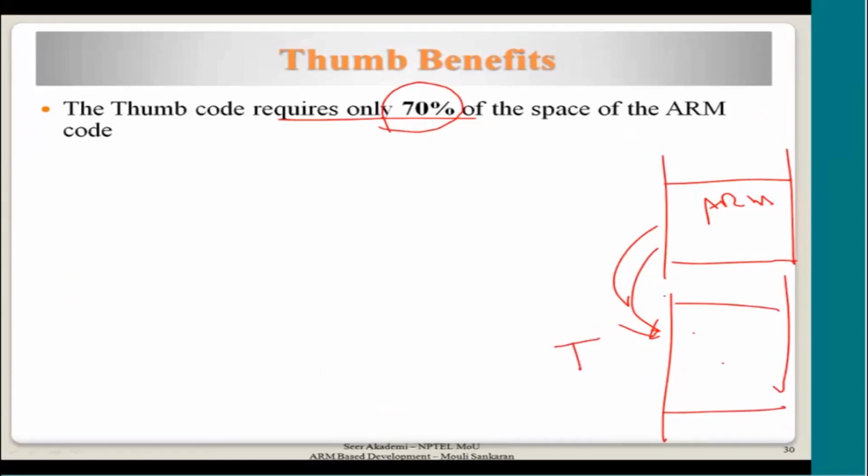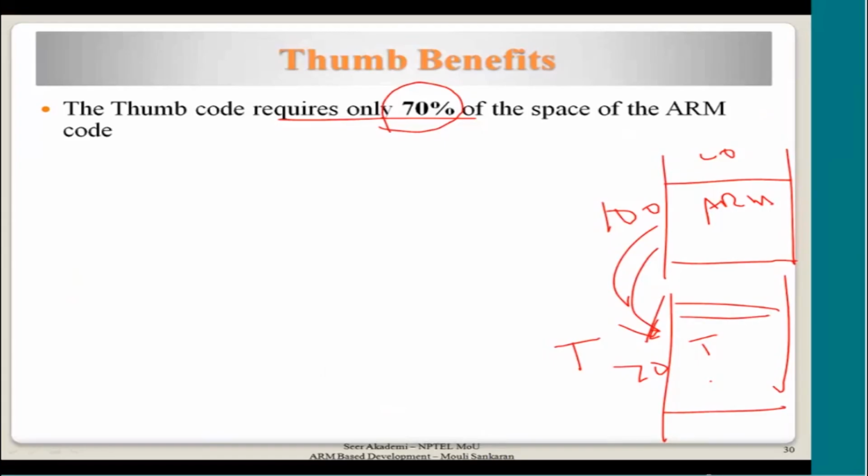That means you are executing everything in thumb state. Now the effective code size: suppose this was occupying 100 bytes of code space, it would only take 70 bytes of thumb instructions.